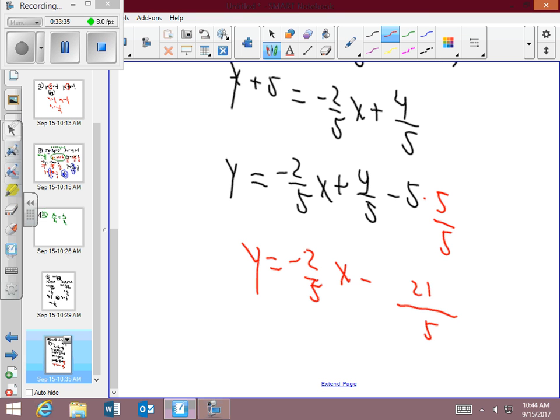And now let's review the question. It says, find the equation of the line containing this point up here, 2, negative 5, perpendicular to the line. Is that the equation of a line?